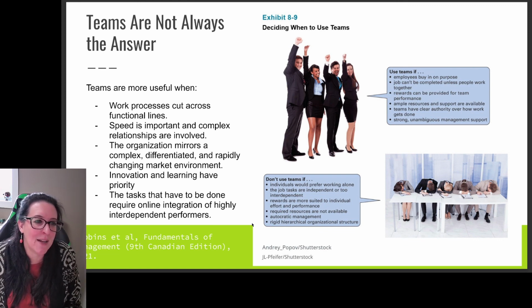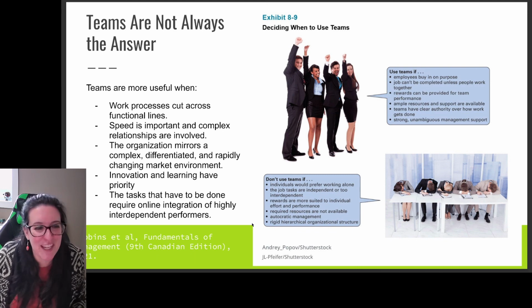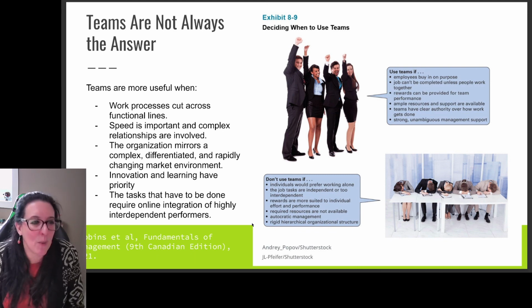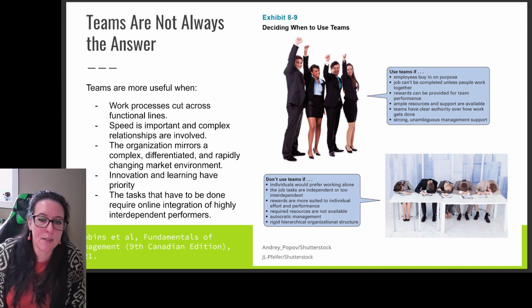How have we aligned the work in terms of departmentalization, in terms of complexity? Do we need it to be more team-based or individual-based? So even though we've been talking about effective teams, you don't always need a team. And it's important for leadership to recognize when you need it to be teamwork and when individual work is more appropriate.